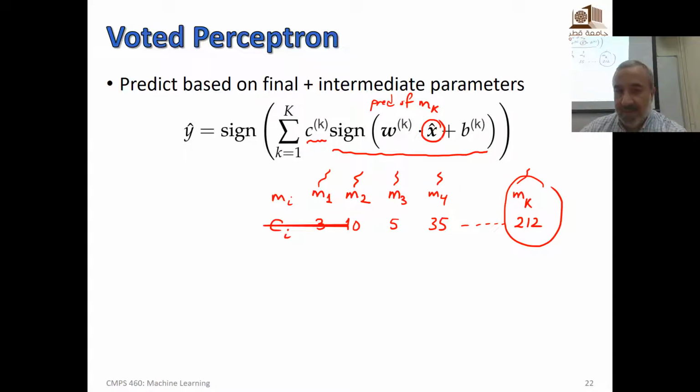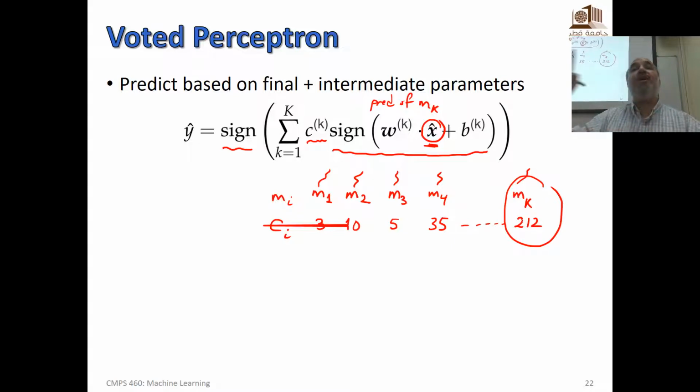After we do all these summations, we will have either a positive value or a negative value. So we get just the sign to be the final predicted value or final predicted label for this example. So that means that we involved all the models that we learned over time in the prediction. It's not just the last one. In vanilla Perceptron, we just use the last one because that's the last learned model.